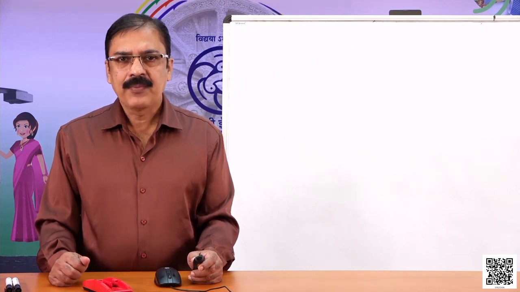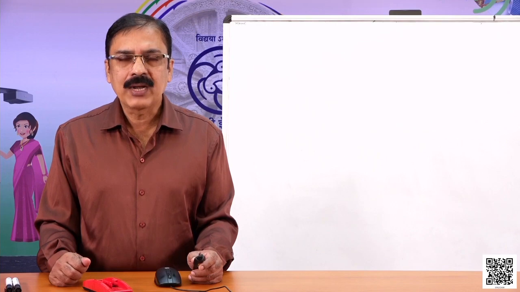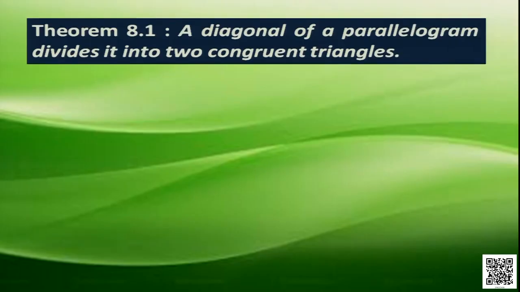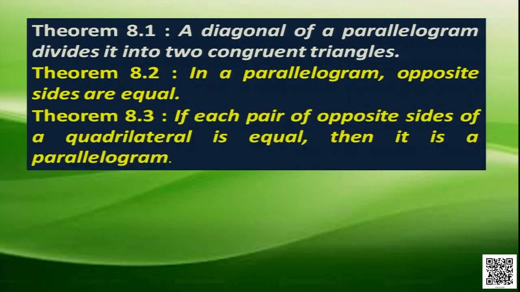A diagonal of a parallelogram divides it into two congruent triangles. And another property is, in a parallelogram, opposite sides are equal. And the converse of this says that if each pair of opposite sides of a quadrilateral is equal, then it is a parallelogram.